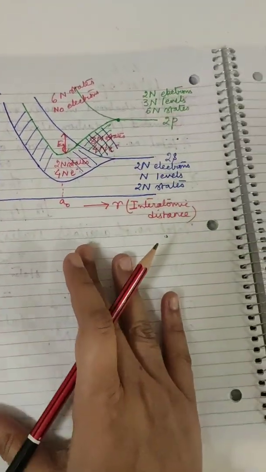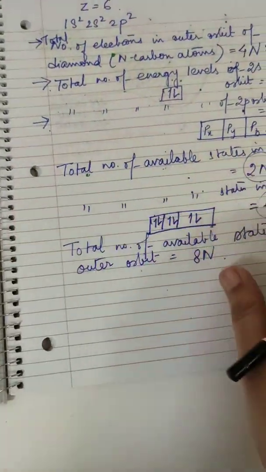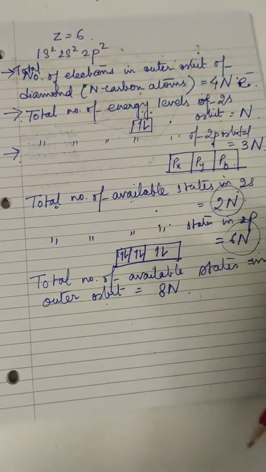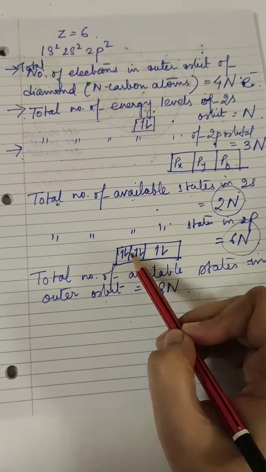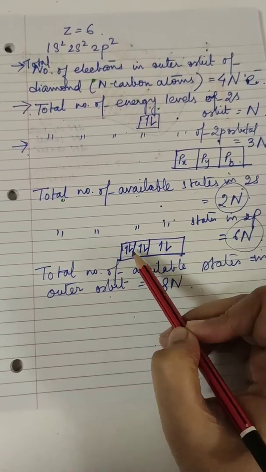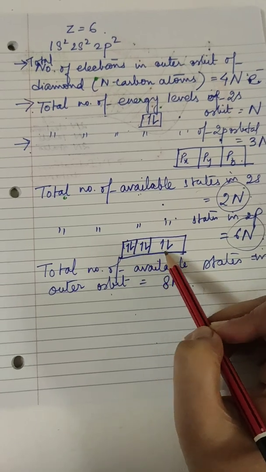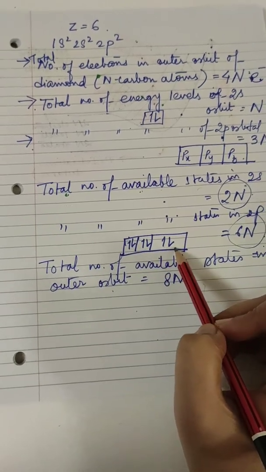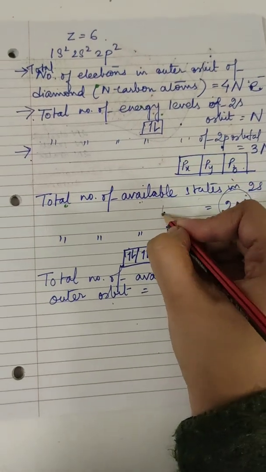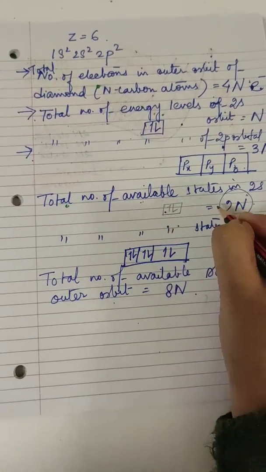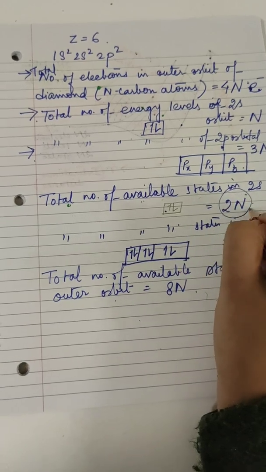I have shown you the calculation here. 2p has 6n available states like px, py, and pz, each can accommodate 2 electrons, so there are 6n available states, and 2s can accommodate only 2 electrons, so there are 2n available states.